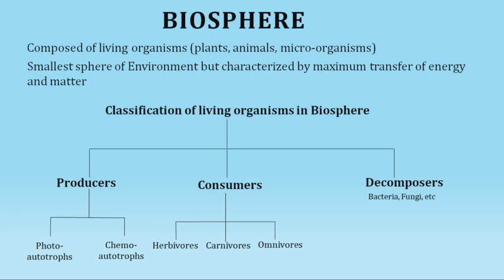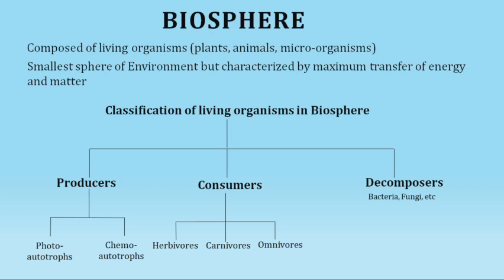The next category of living organism is called consumers. Those living organisms who cannot synthesize their food on their own, and they are dependent on other living organisms for meeting their food demands. The consumers can further be subdivided into three subcategories.